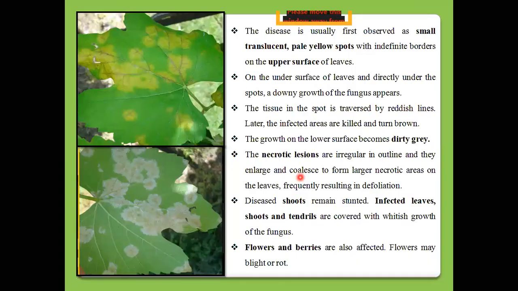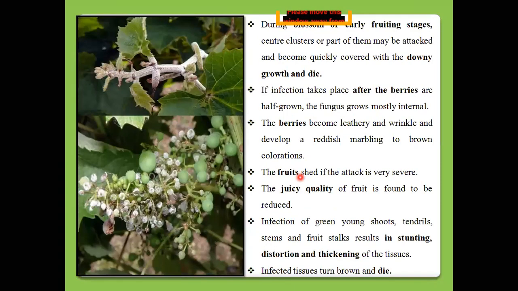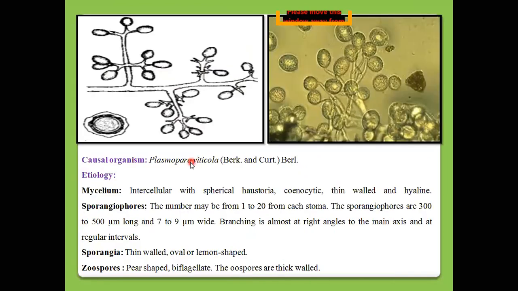Then the pathogen develops mycelia, which are intercellular, and the mycelia grow into the infected host tissue by forming haustoria. The mycelia are generally sinuous, hyaline, and thick walled.